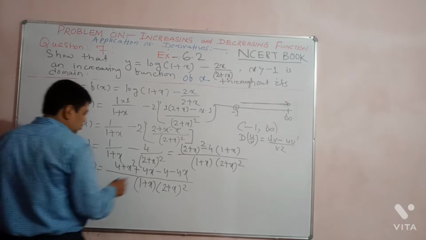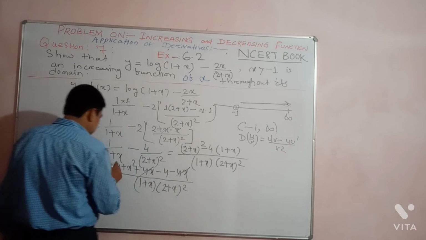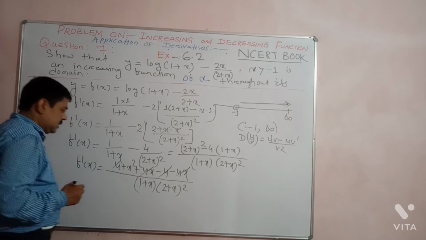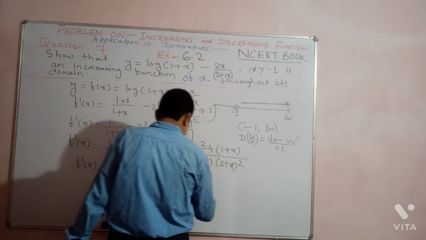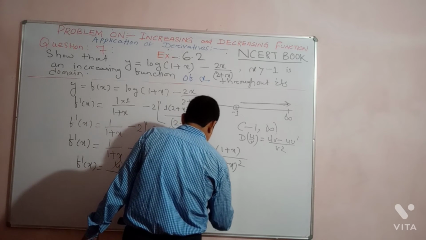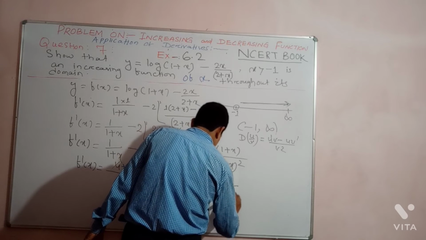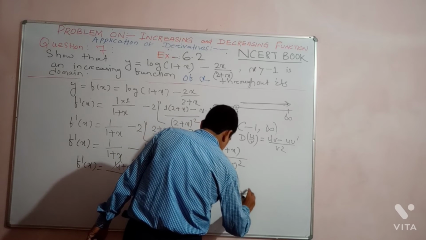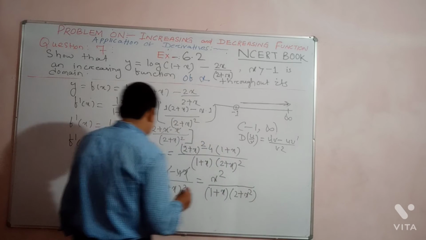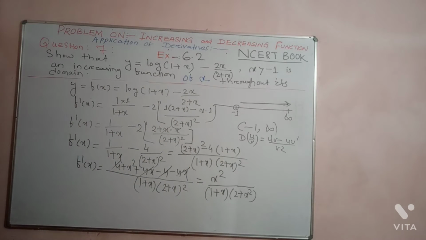You see now, plus 4x minus 4x will be cancelled, plus 4 minus 4 will be cancelled. So it will be x square divided by (1 plus x) whole into (2 plus x) whole square. Understand or not? Okay. Is it clear?